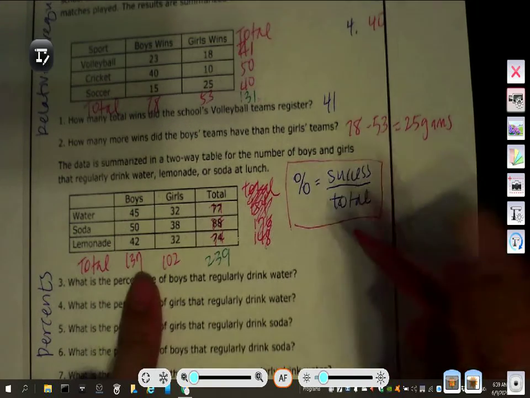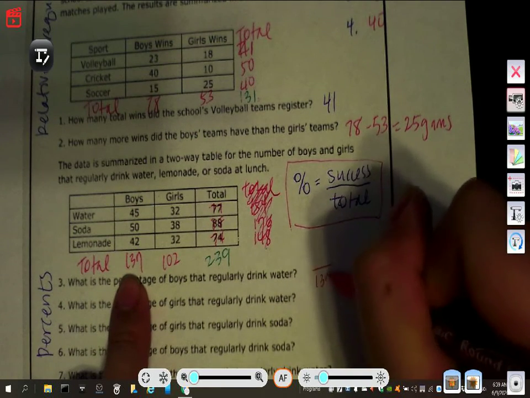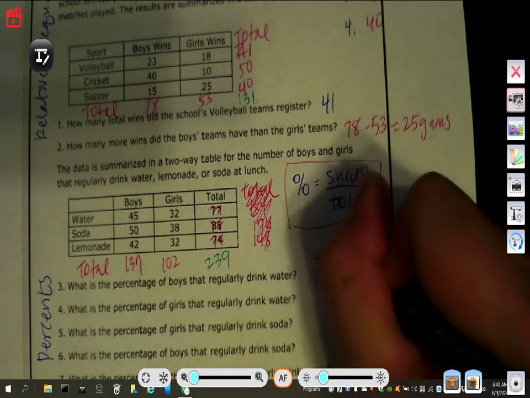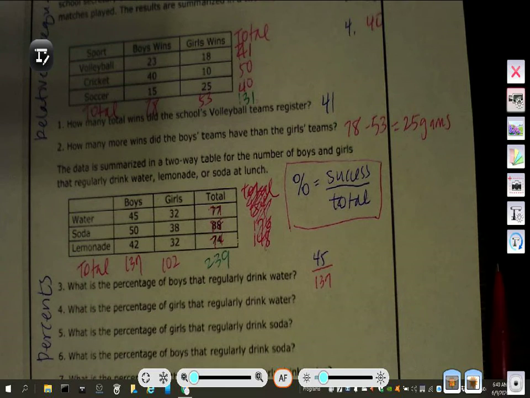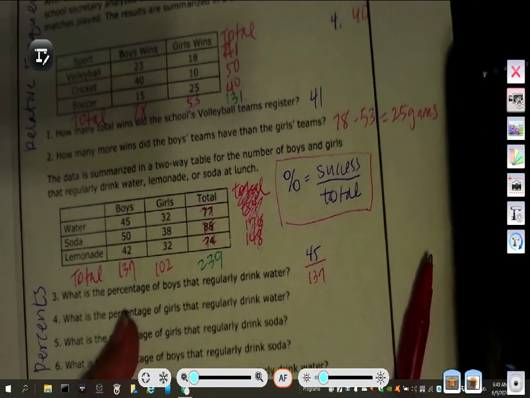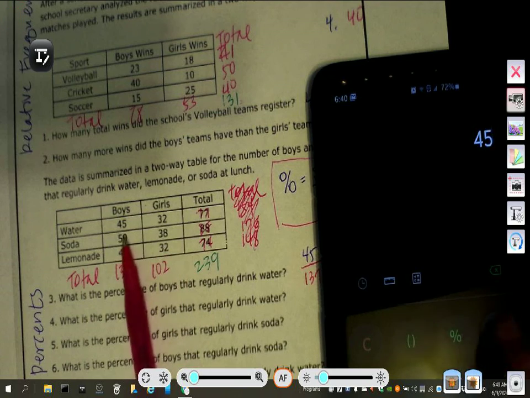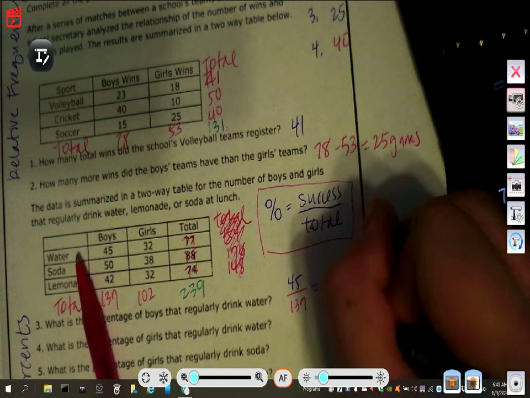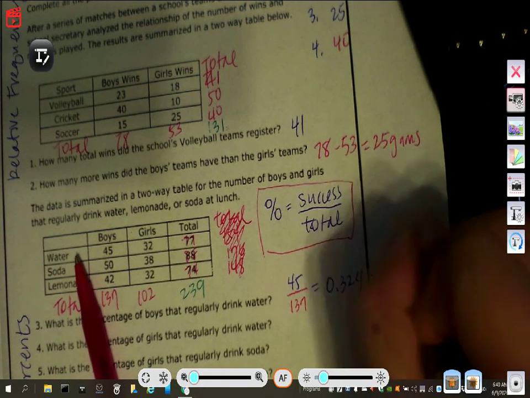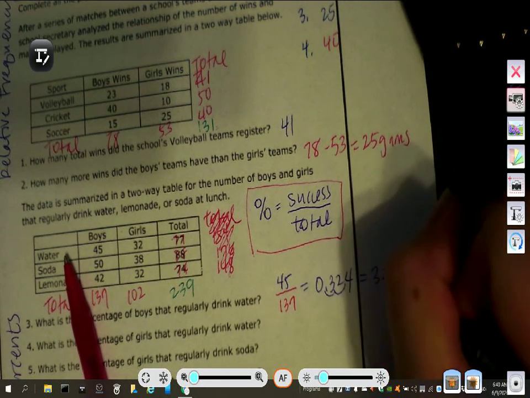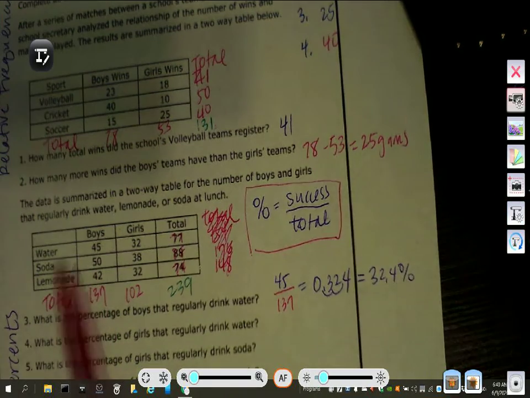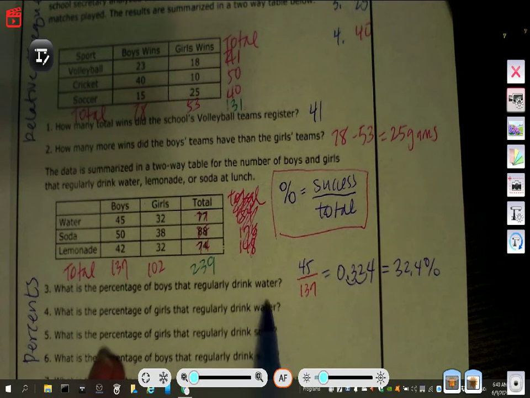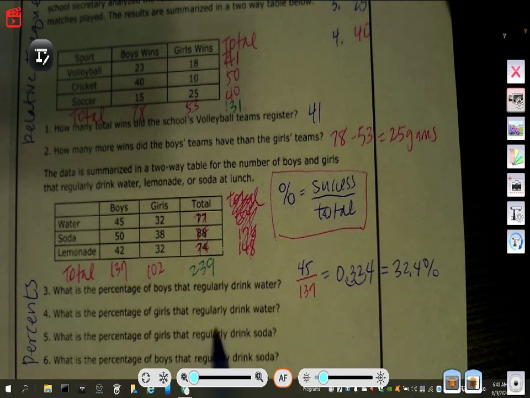Well, out of the total number of boys, which is 137, the number of boys that drink water is 45. So 45 divided by 137 as a decimal is approximately 0.324, and moving the decimal place twice, 32.4%. About a third of the boys drink water regularly for lunch.